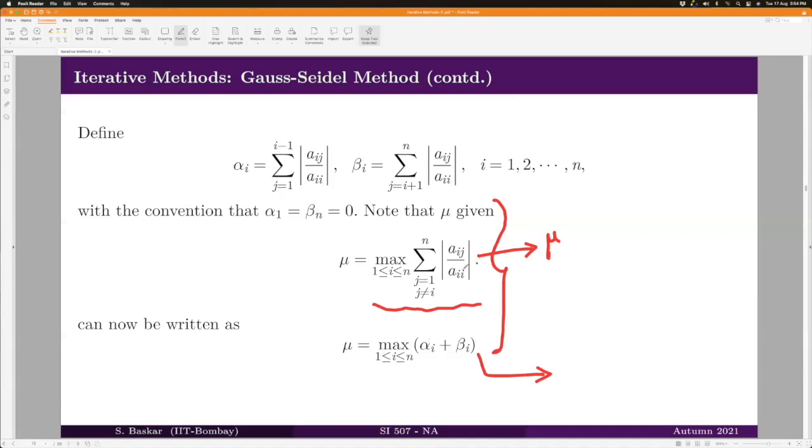We combine alpha_i, which is coming from the past computation, and beta_i, which is coming from the future computation, and that is our mu for the present case. In the case of Gauss-Seidel, we are defining our mu like this, whereas this is the Jacobi case. Both are the same, only thing is we are now splitting them into alpha_i and beta_i.